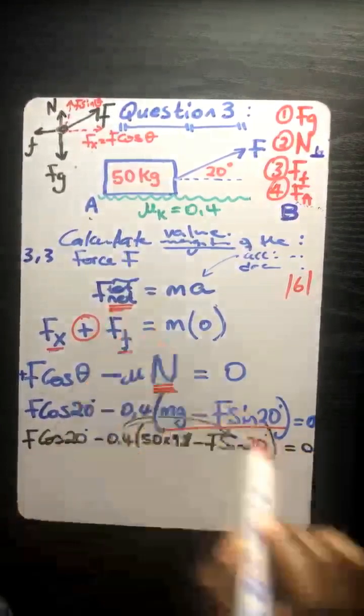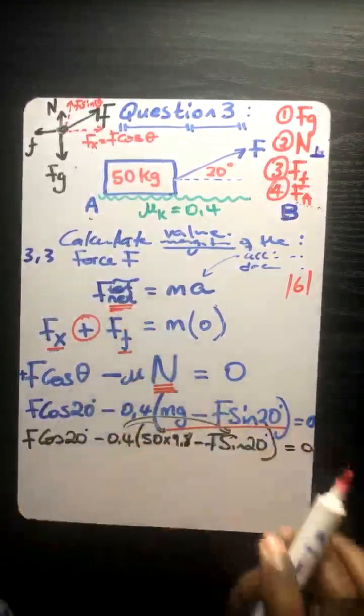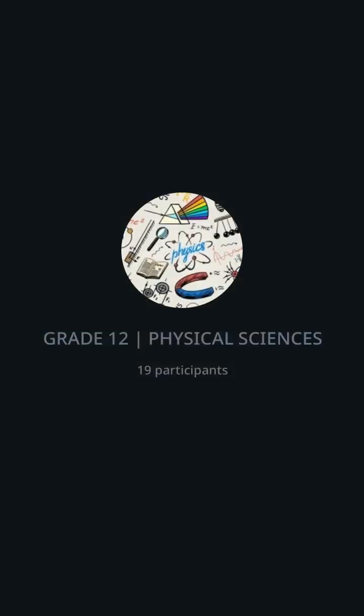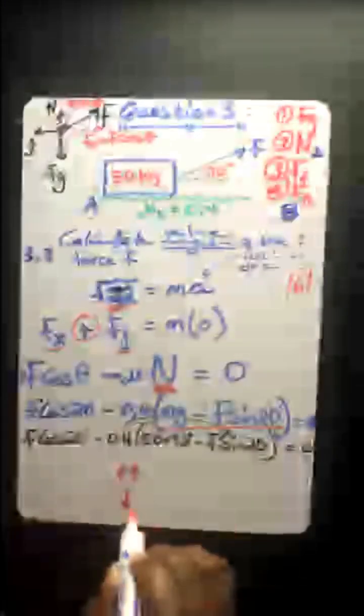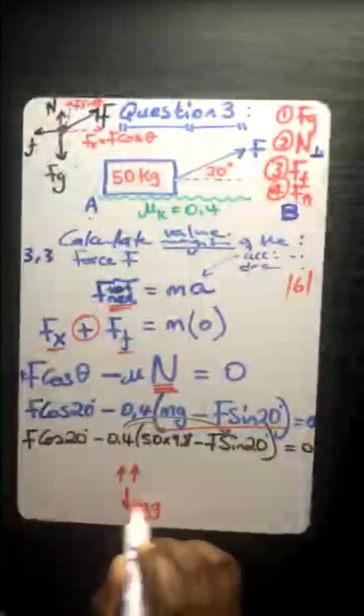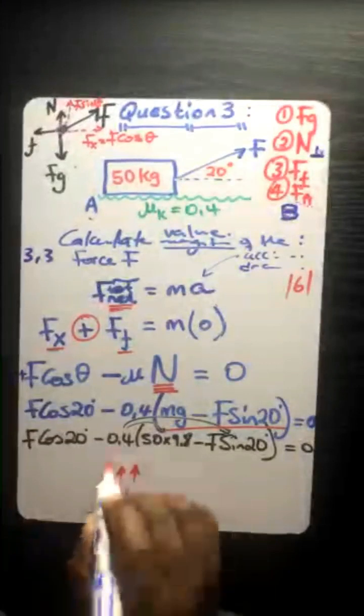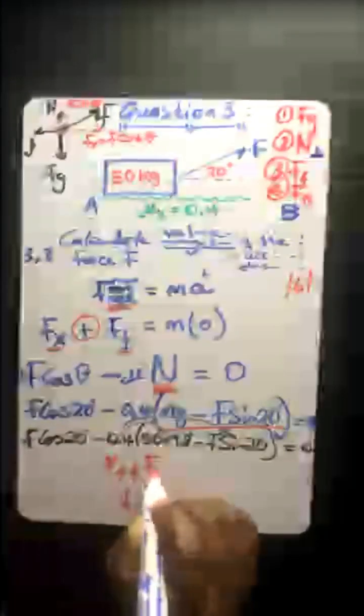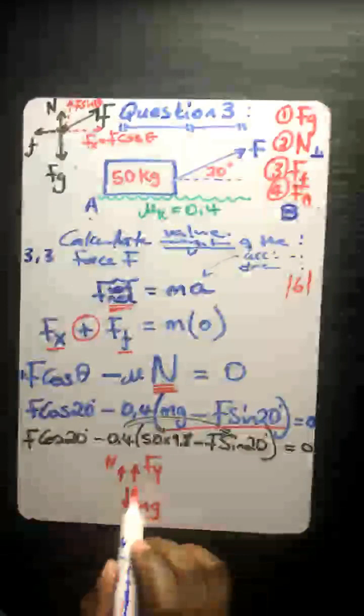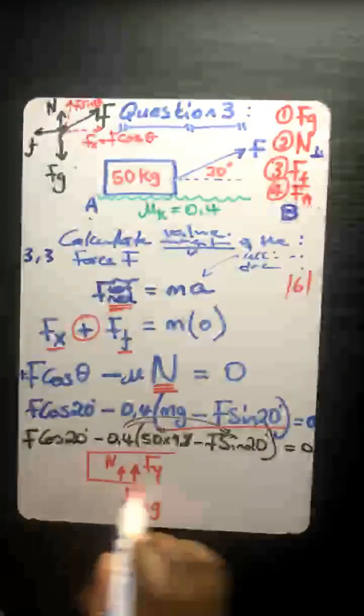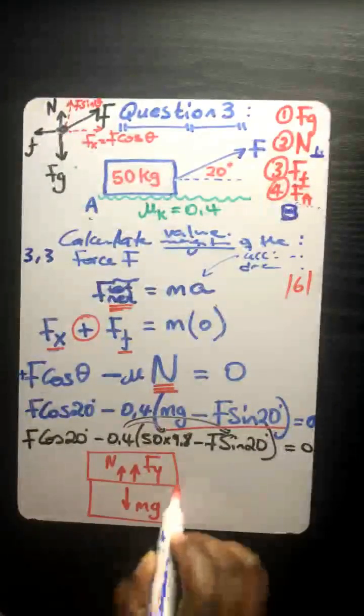Remember, for Fnet we focus on all the forces. It's a matter of how many upward forces we have. We have two of them, and they balance with this one, even though it's one force. So this force of mg can be powerful enough to balance these two forces going upwards. That is why we say all of the upward forces balance with all of the downward forces.